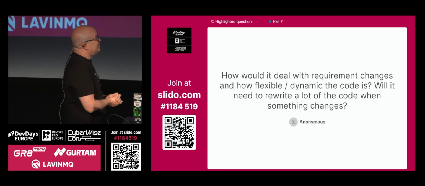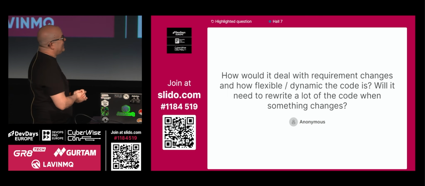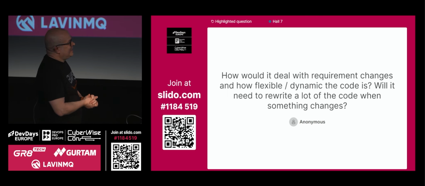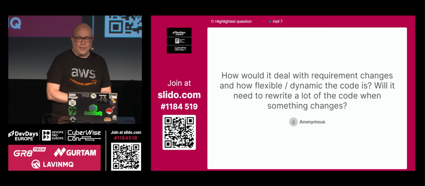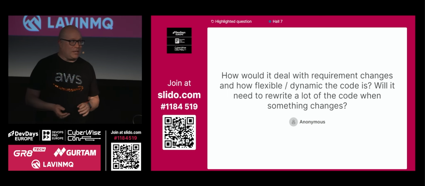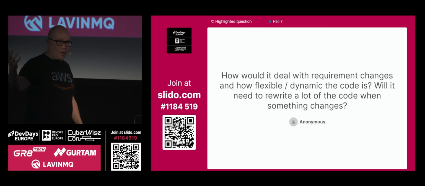How would agents deal with requirement changes, and how flexible or dynamic is the code? That's interesting. A good example, which I'm going to be doing in November at DevDays Europe: imagine you've got that code base and suddenly the data model changes. Common requirement.